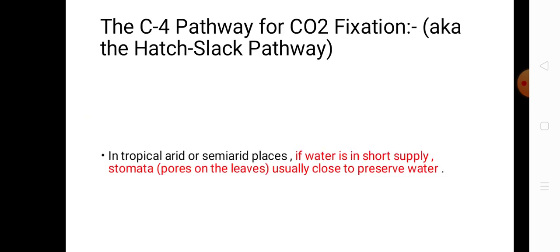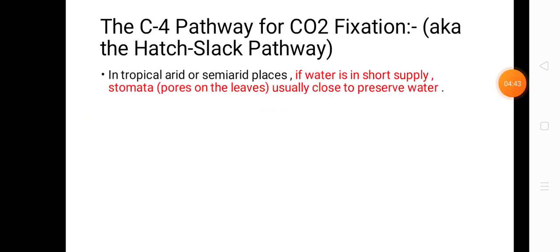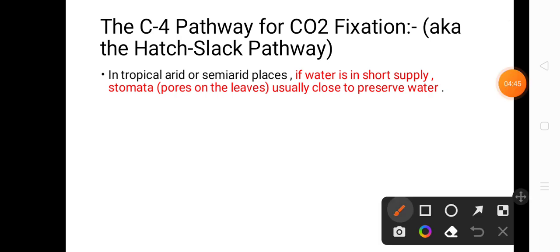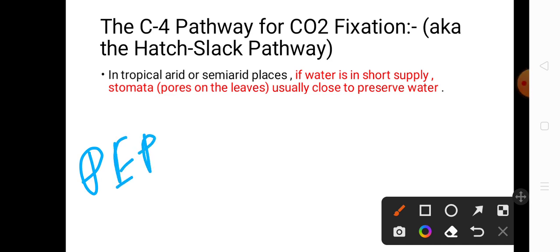The Hatch-Slack pathway usually occurs in plants that can use PEP carboxylase for carbon fixation, especially in tropical arid areas and semi-arid places.